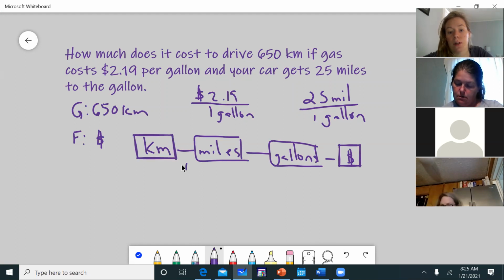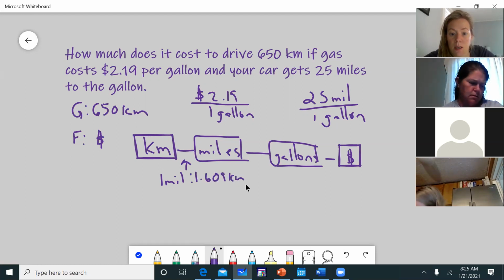So to go from kilometers to miles, the relationship is that 1 mile is equivalent to, I don't know this one off the top of my head, 1.609 kilometers. If you use the relationship where 1 kilometer is equal to 0.62 mile, that's fine as well.